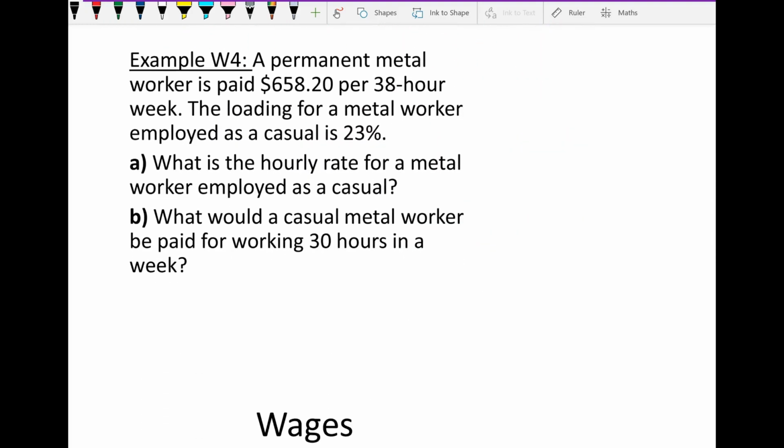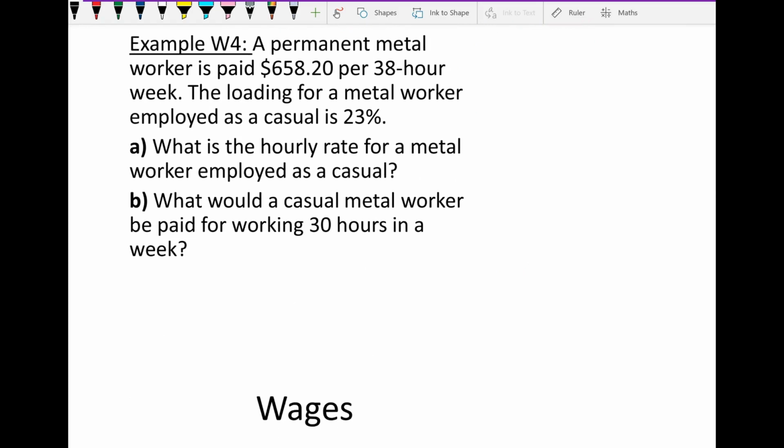And last question to do with wages. This one involves a loading. A permanent metal worker is paid $658.20 per 38-hour week. The loading for a metal worker employed as a casual is 23%. Now questions are based around what is the hourly rate for a casual. Okay, so we get given the permanent rate, which we know is going to be lower. This is how much he earned for the week. This is how many hours he worked.